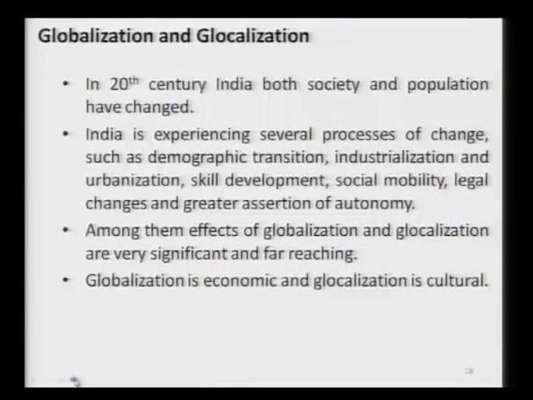In 20th century India, both society and population have changed, and India is experiencing several processes of change such as demographic transition, industrialization, urbanization, skill development, social mobility, legal changes and greater assertion of autonomy. Among them, effects of globalization and localization are very significant.